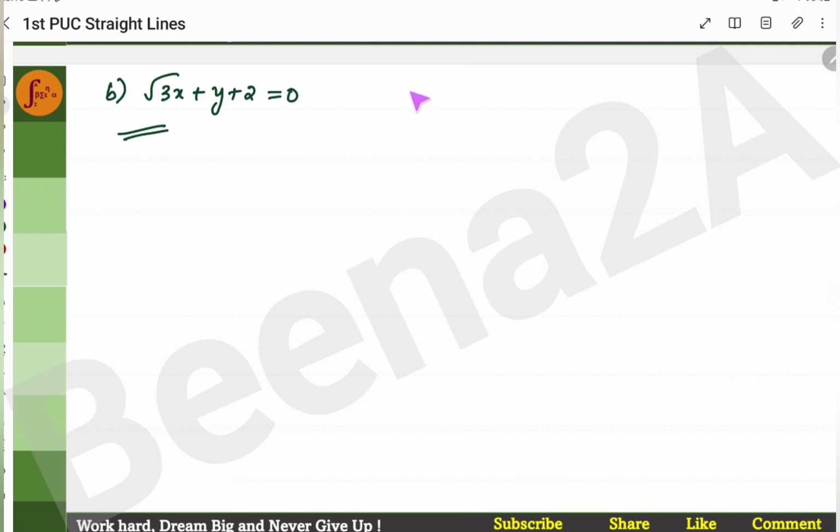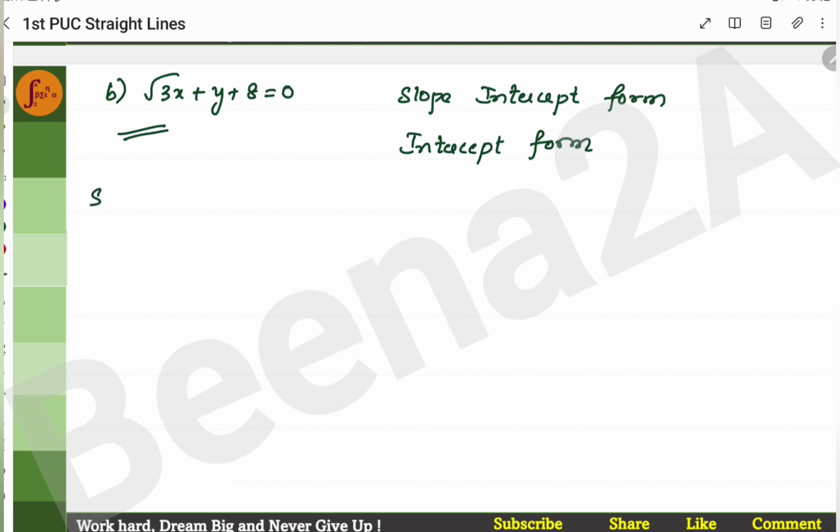Now we'll take another example. We have to represent this in slope-intercept form and intercept form. Now we'll take slope-intercept form. In slope-intercept, what is the equation? y is equal to mx plus c.